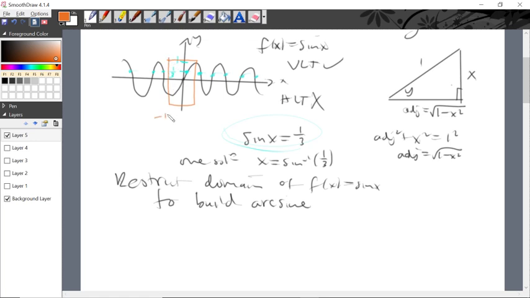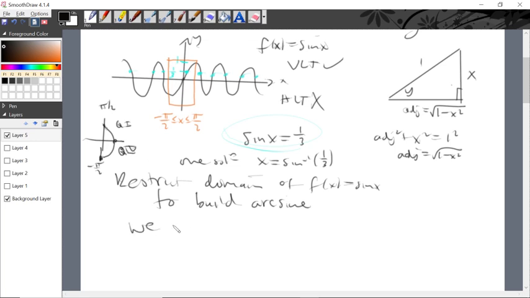Okay, and that's from negative pi over 2 to positive pi over 2, which in terms of the unit circle, the input to the sine function between negative pi over 2 and positive pi over 2, means that we are within quadrant 1 and quadrant 4 when we are dealing with the principal branch of the sine function that is invertible.